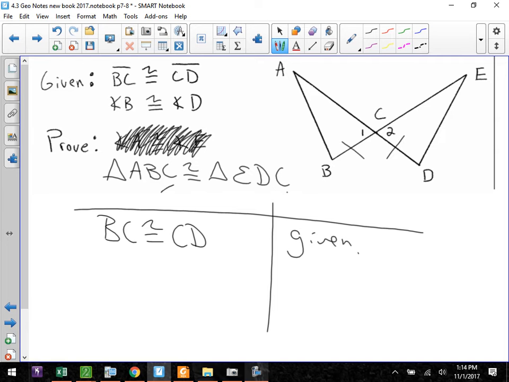Mark it. That itself has no definition, no rules, no nothing. It just says, hey, there's a segment, you're at some other segment. Go to the next thing. Next thing says angle B is congruent to angle D. That's also given. Mark the diagram. Nothing else I can say. No definitions, no nothing for that.